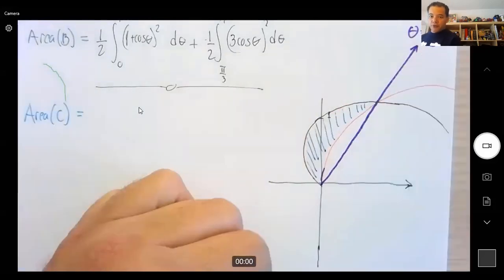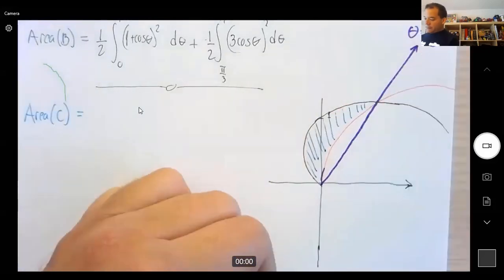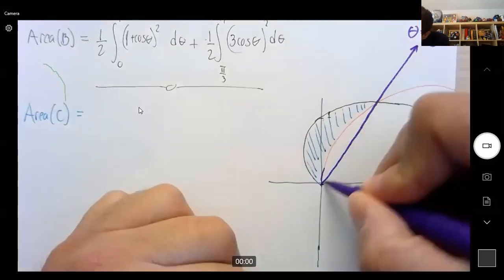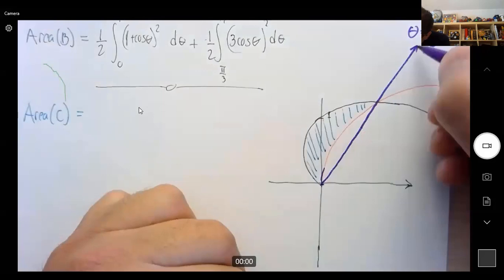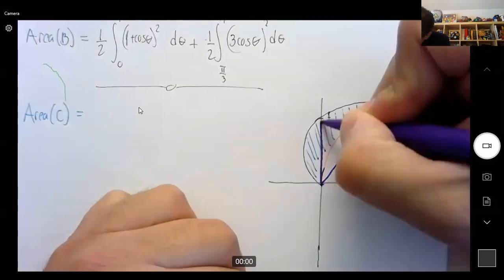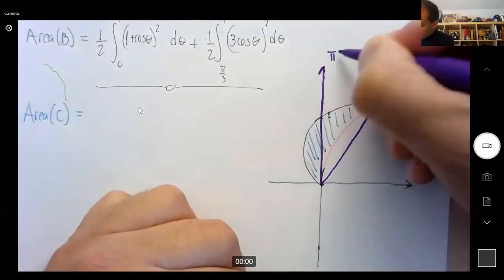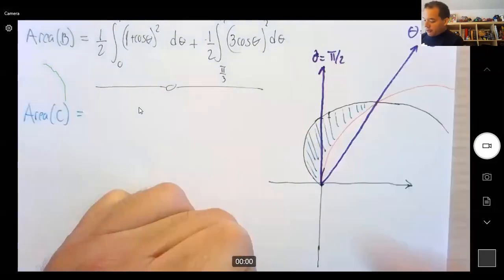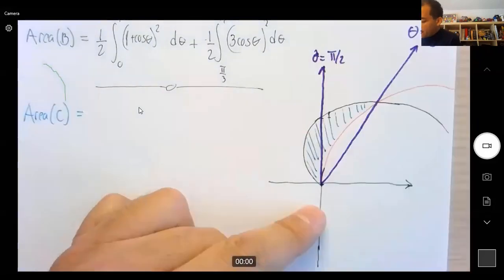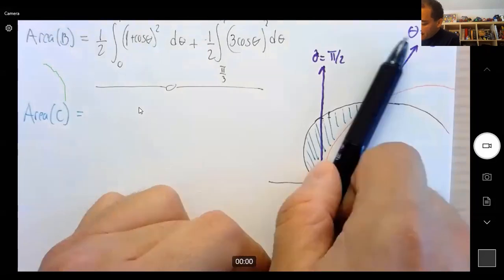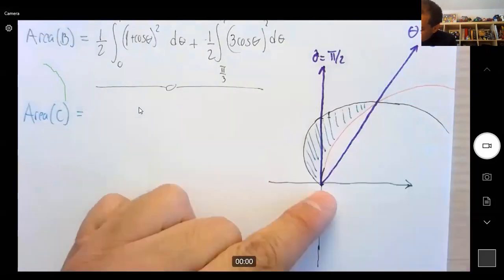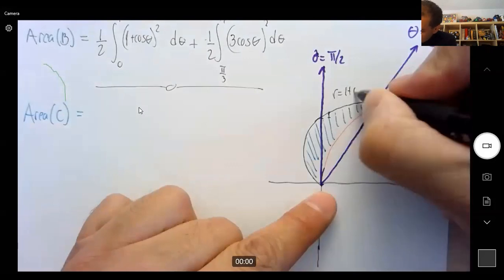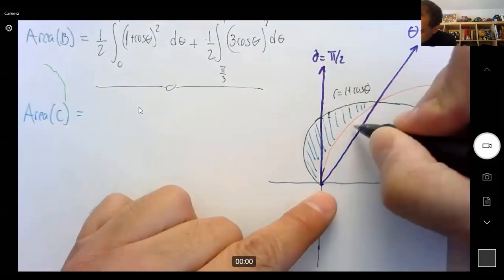And I hope you appreciate that we actually need to break our integral in two pieces. One going from pi over 3 to pi over 2, because on that one, we do have an outer and an inner function. So we go from here to here. The outer function is the cardioid, and the inner function is the circle.